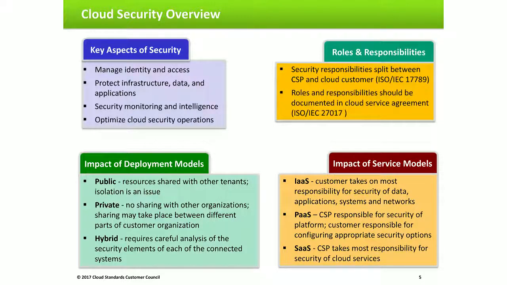Many of those things are the same or mostly the same as what you do in legacy environments. What makes things a little different in cloud is that there's a split of responsibility. In legacy, we had one monolithic provider that did everything from plugging the cables into the hardware to running the applications at the top. With cloud, there's usually a split.